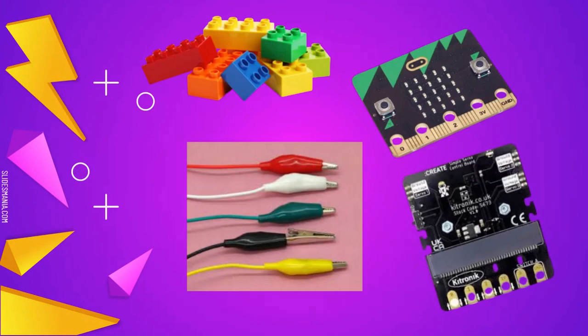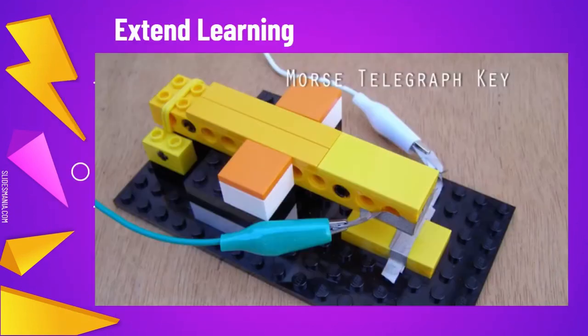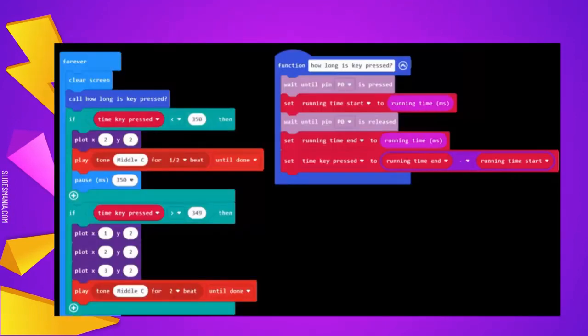You do need a couple of different things here. You do need some Legos to build that Morse telegraph key. And you'll notice you have some specialty parts here, where you have little dowels and all of that. Again, you don't have to necessarily build it out of Lego, just an option.